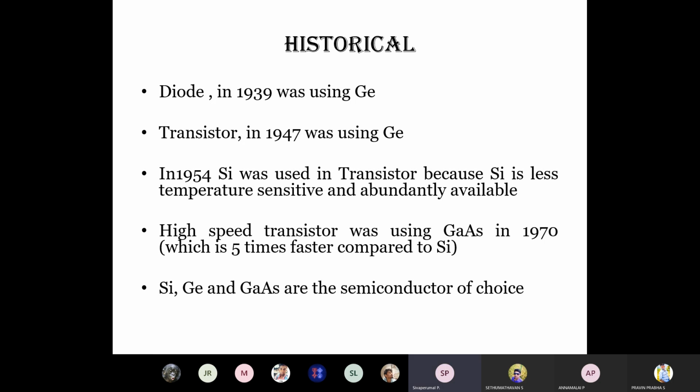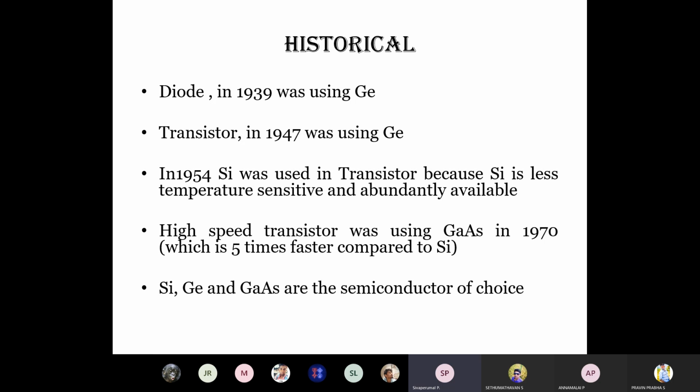Then the high-speed transistor using gallium arsenide came in the 1970s, which is 5 times faster compared to silicon. Why go for gallium arsenide? Because of the speed of the transistor, in 1971, since it is much faster compared to silicon.